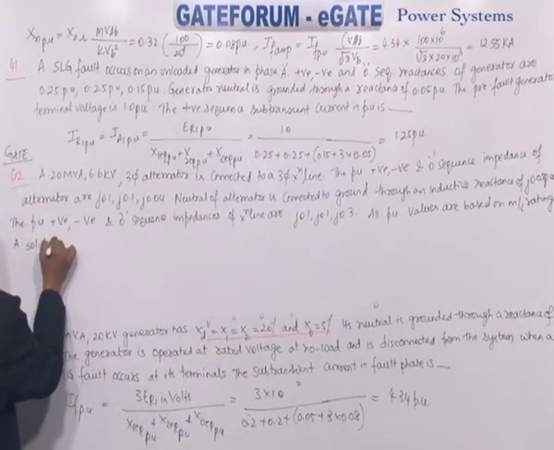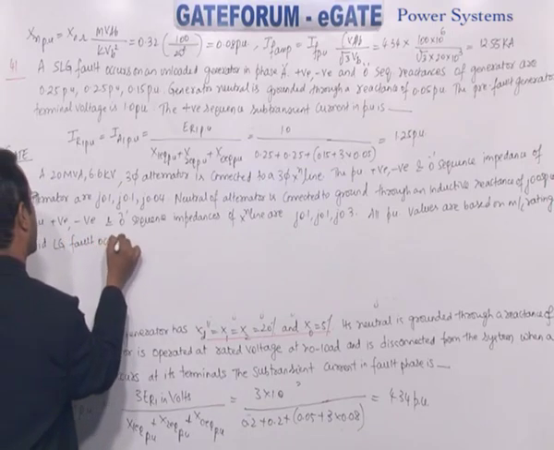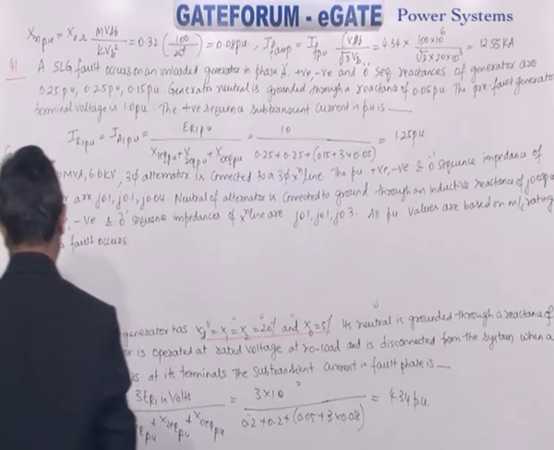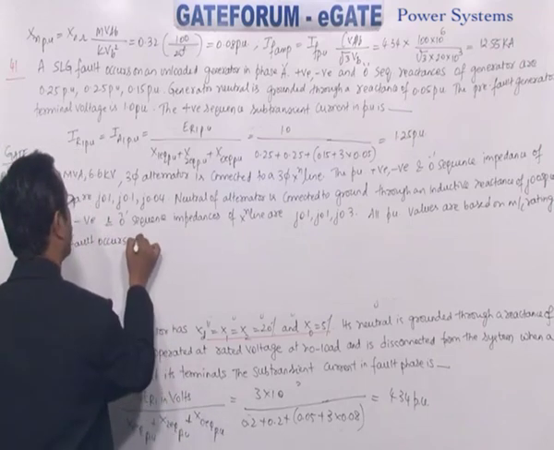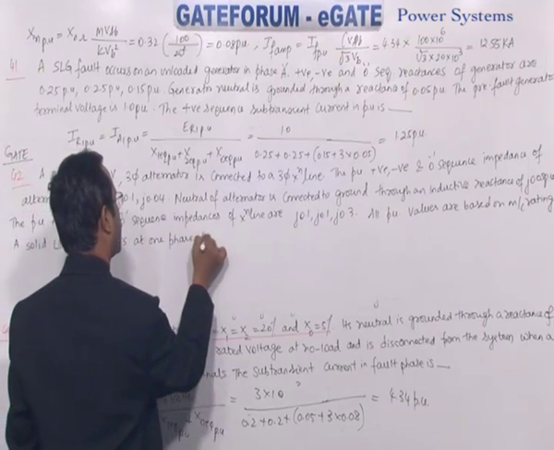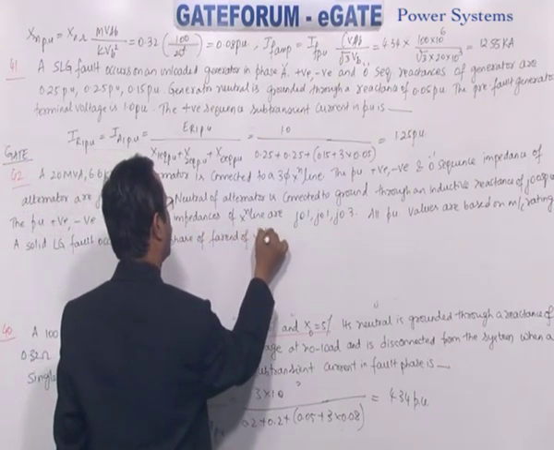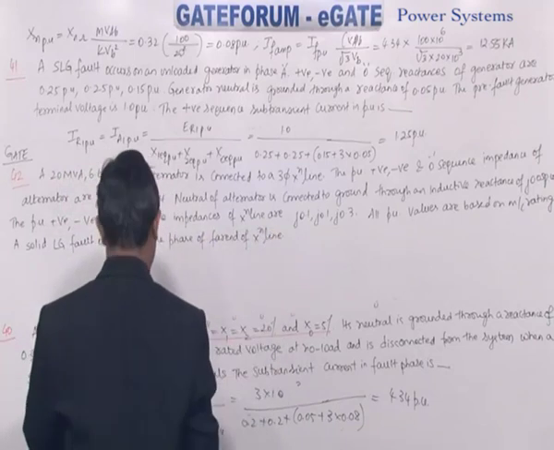Next we have a solid LG fault that occurs at one phase of the far end of the transmission line.